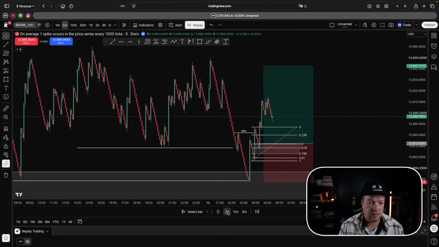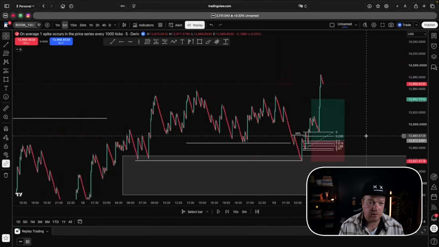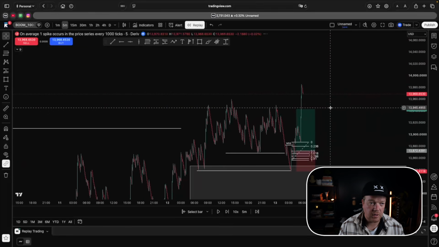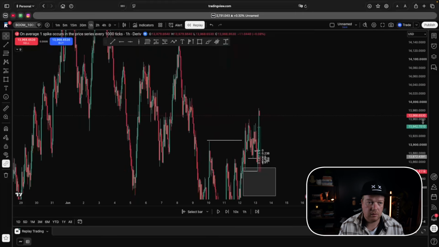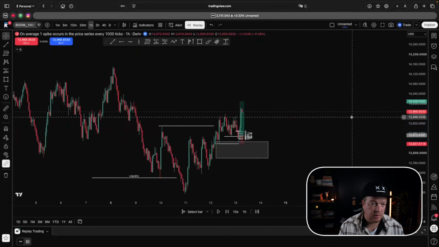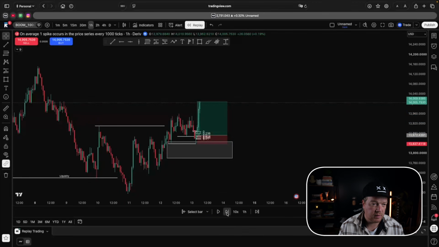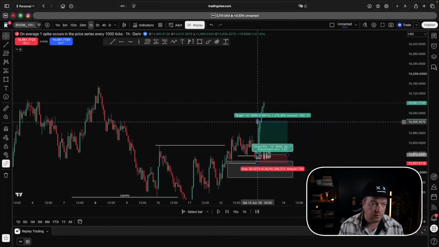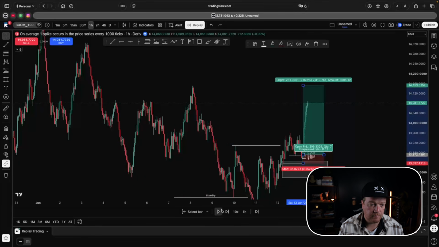As you can see, we had a nice immediate reaction and we smashed through our targets. As you can see, let's go back to the 1 hour. There's another high right over there. Let's see if we get that one tagged. Yes, we do. Let's mark out this high right over here.